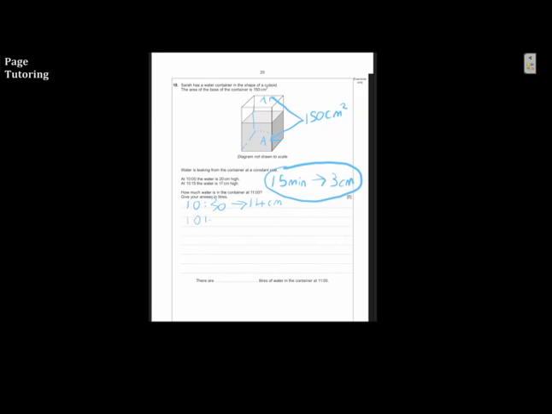Say at 10:45, it's down to 11 centimeters, which means at 11, it will be down to 8 centimeters. So now we've got the height of that water at 11 o'clock, 8 centimeters.